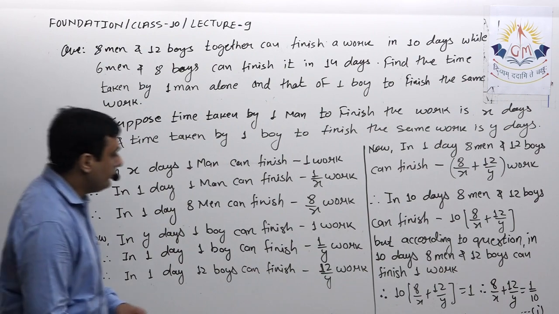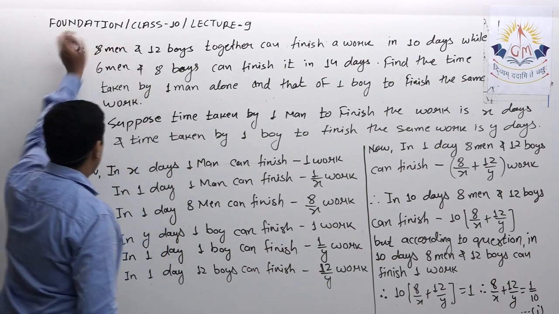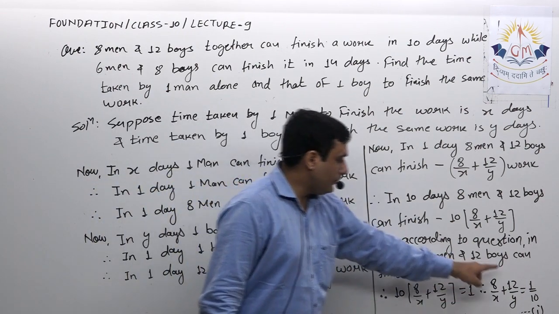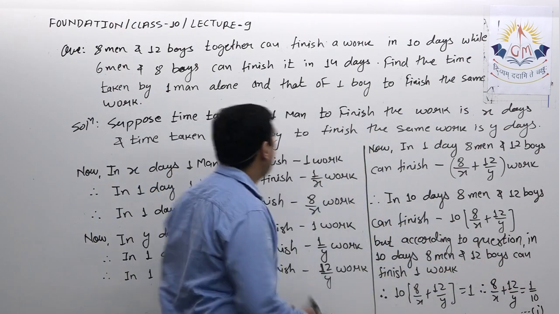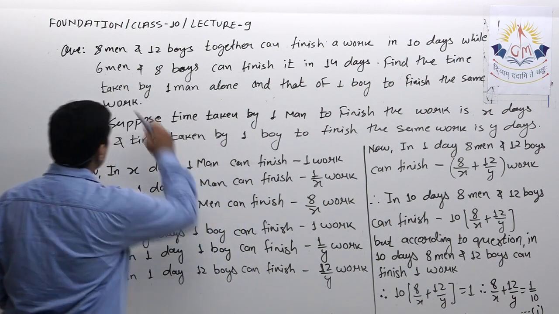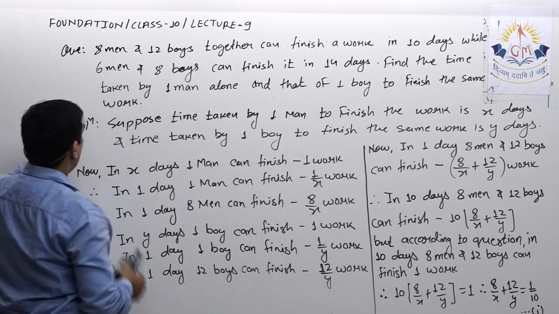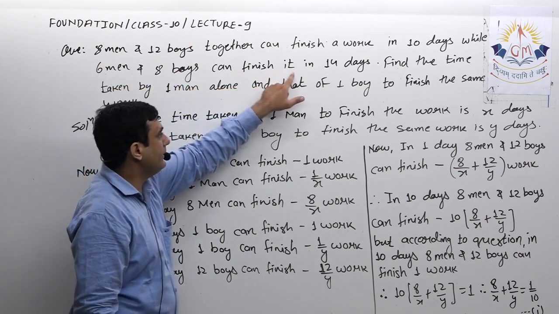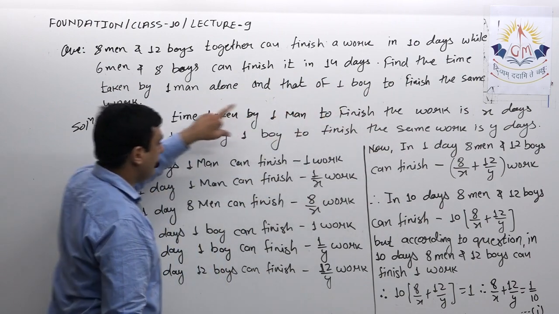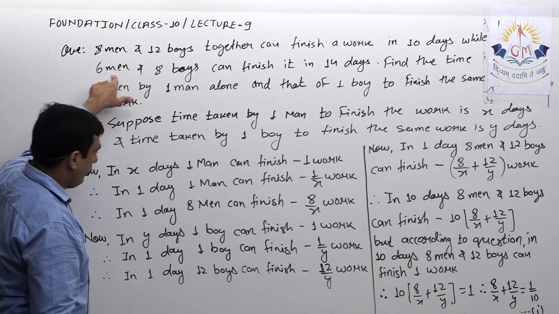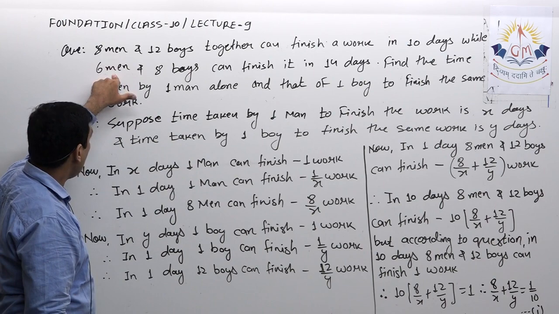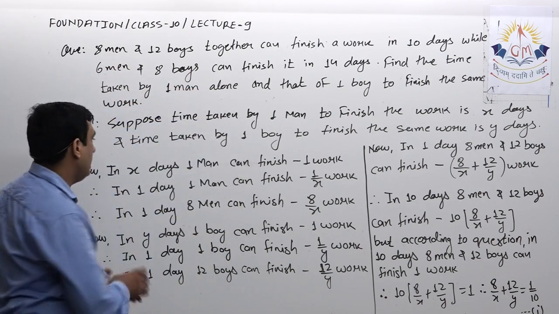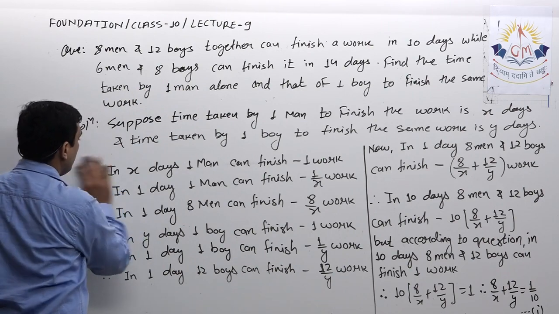Okay, so here we got the first equation. Now if we solve the second one, in the similar way, here I got 8 upon x plus 12 upon y is equal to 1 upon 10 from the first information. Now in the second information it is given 6 men and 8 boys can finish it in 14 days. That means I can write 6 upon x plus 8 upon y is equal to 1 upon 14. So that will be the second equation.